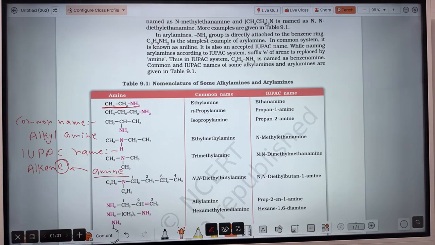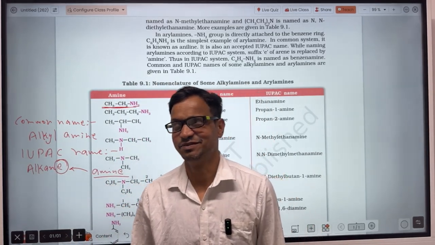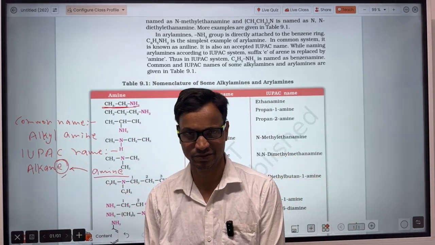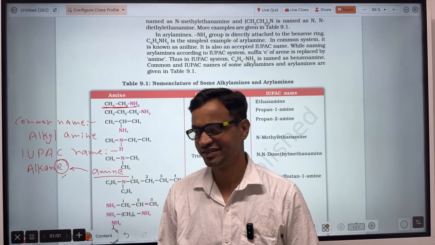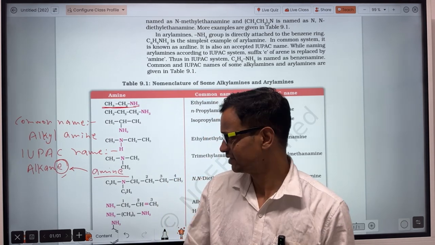Where there will be an exception, I think you can also predict: if more than one amino group is there, then the E will not be replaced. About that, I think you could predict.